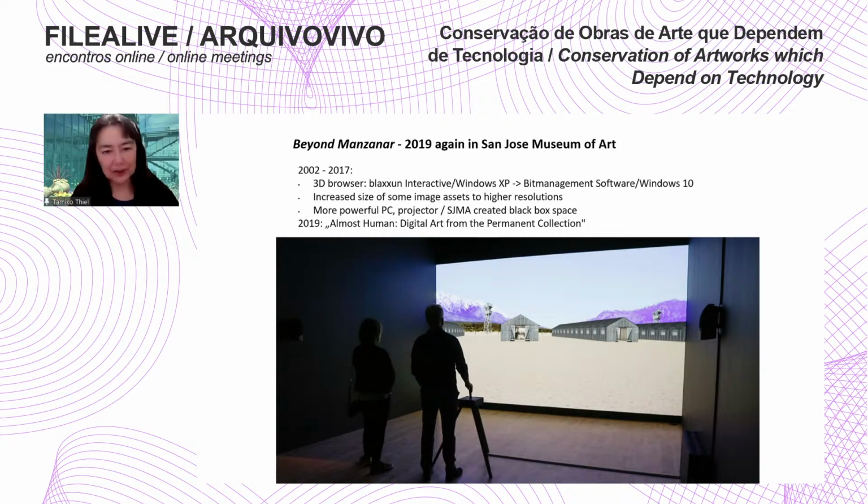Now it's a little bit larger, but basically that. And I went back to the San Jose Museum of Art when I knew that they were going to exhibit it in 2019 and said, I can give you, in addition to your original version of the code that runs on Windows 98 or XP, a version that looks better and runs better on Windows 10.